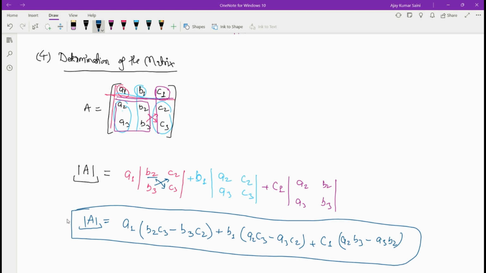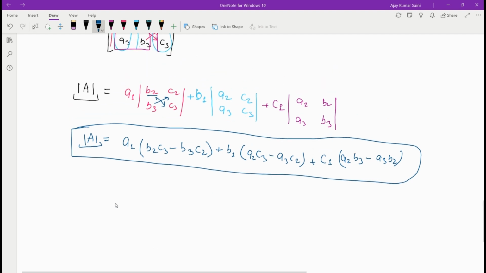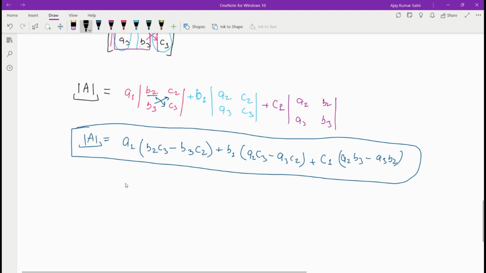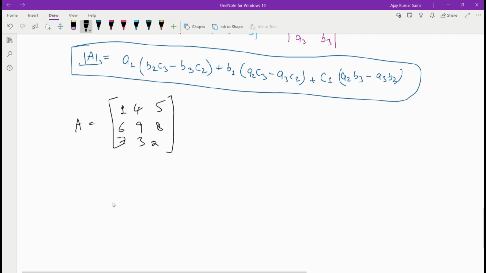If I take a numeric example, see here. Let this be a matrix: 1 4 5, 6 9 8, 7 3 2. I need to find the determinant of that matrix. It is very simple.